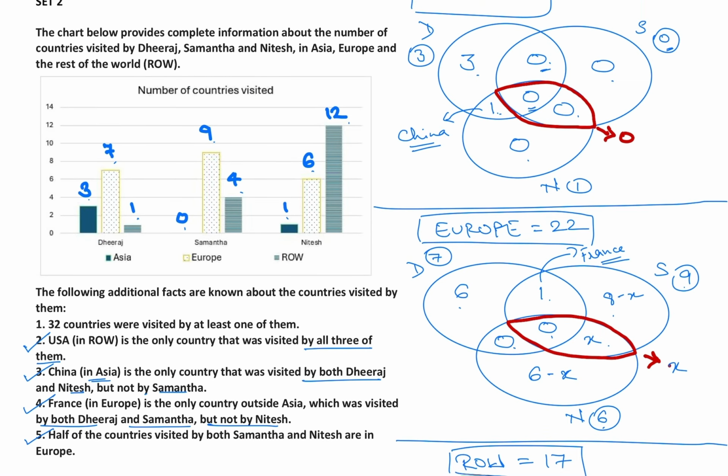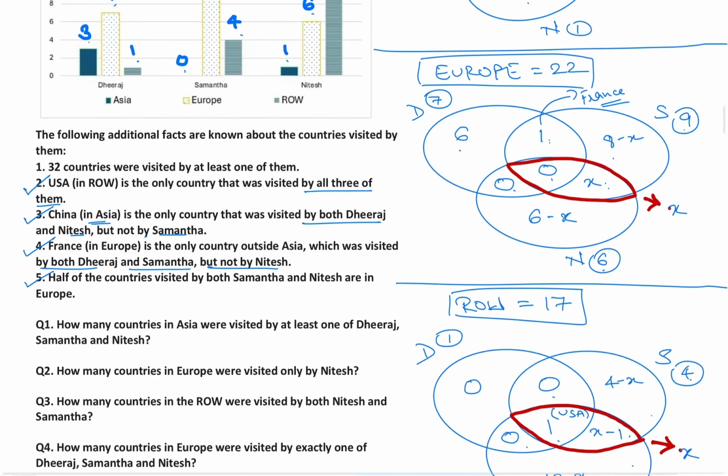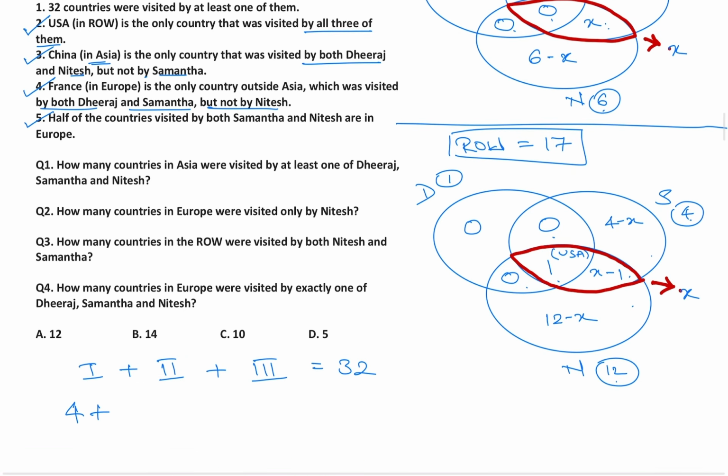Okay, so 20 minus 2x, and let's add exactly 2 and exactly 3 as well. So it will be 20 minus 2x plus 1, 21 minus 2x plus x, 21 minus x. So I'll have here 21 minus x.